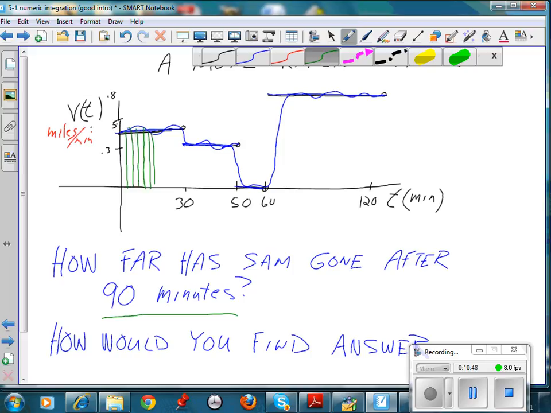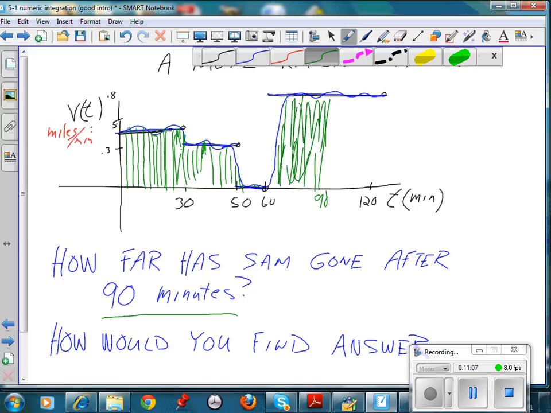If we found the area under the curve and calculated the total area, including these round spots, everything under the curve all the way out to 90, the area under the curve would be the distance that Sam has traveled. And that is what we're going to be talking about. When we talk about integral calculus, we're going to be adding up little changes to calculate things like distance traveled.